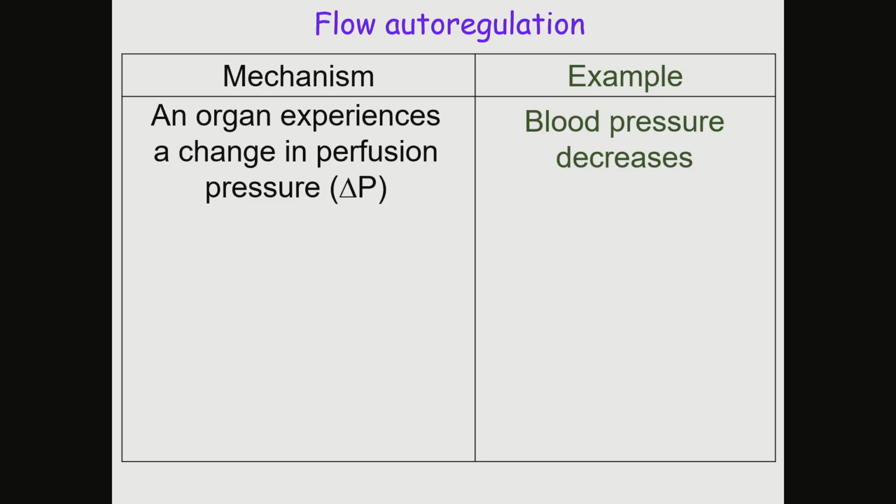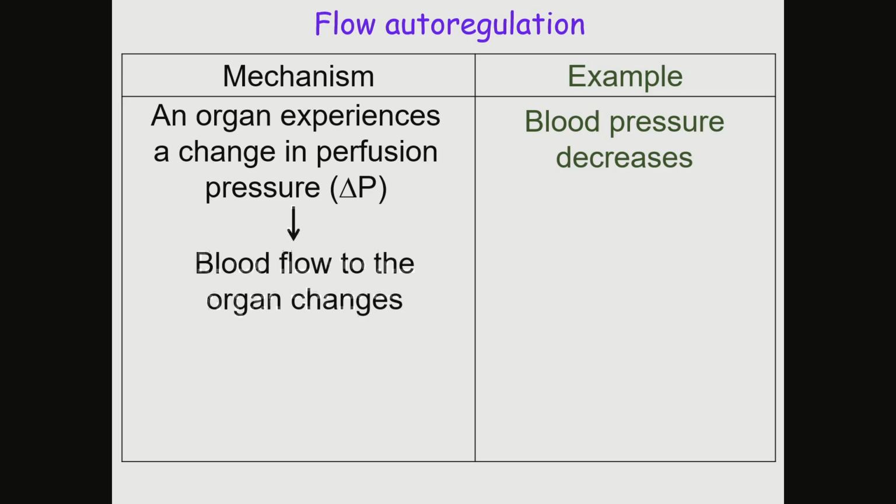Maybe it's because you took a blood pressure medication and it caused your blood pressure to go down. I don't know, could be a lot of things. If I change delta P, that's going to change blood flow to all of our organs, because I know that flow is delta P over R. So if I change delta P, blood flow changes.